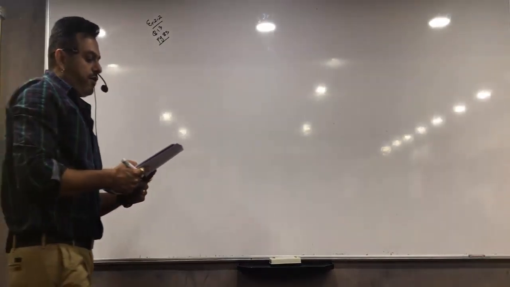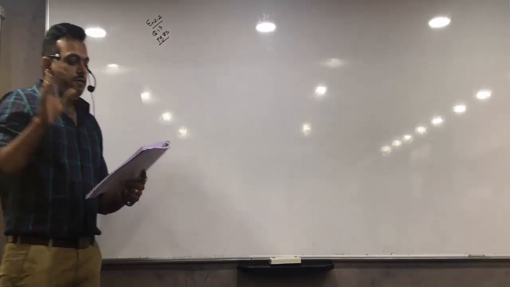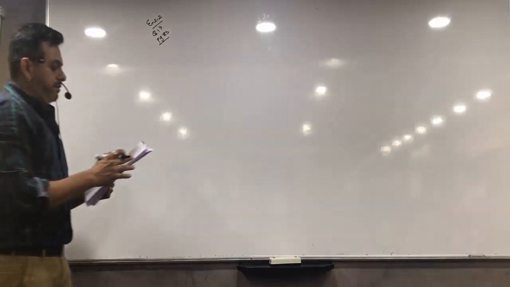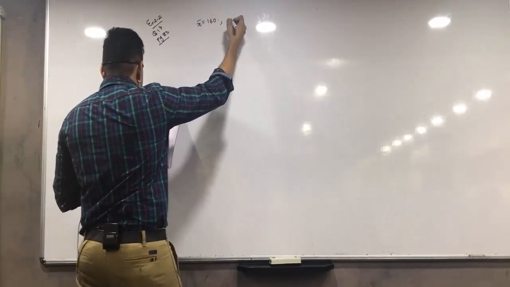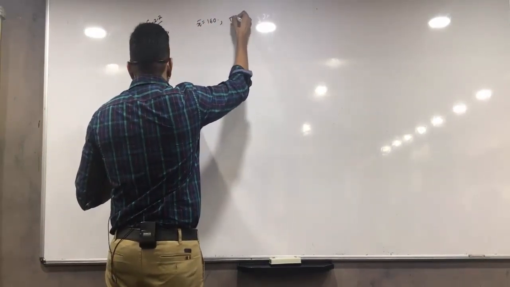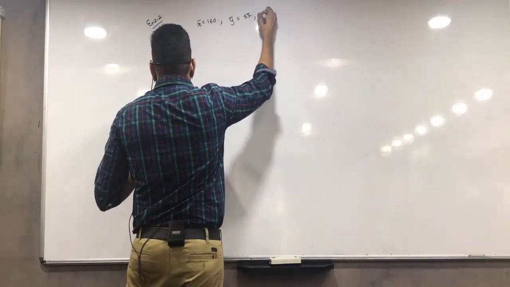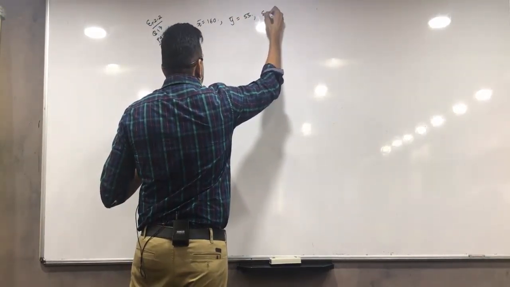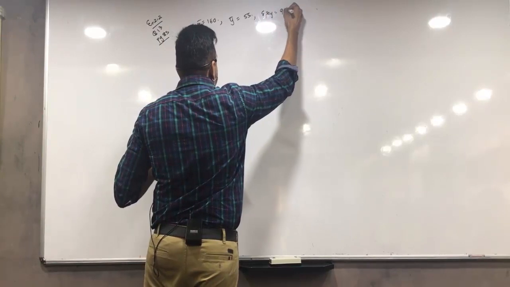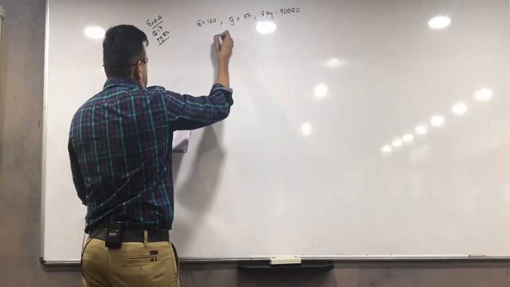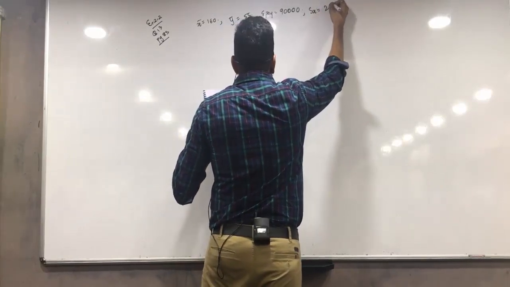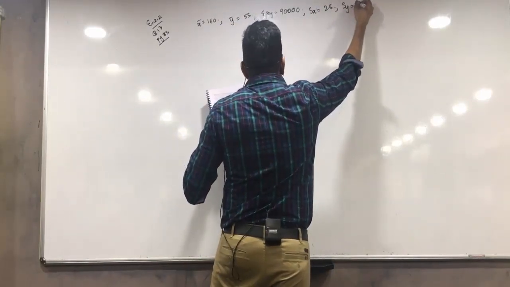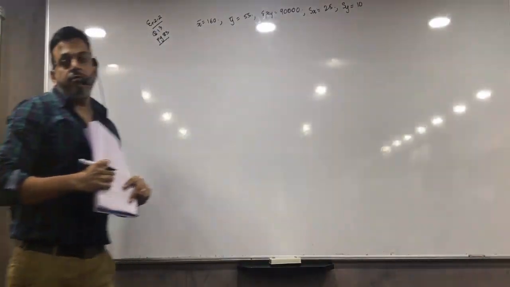Find the correlation coefficient between height and weight from it. Now, first let's write what is given. X bar is equal to 160, y bar is equal to 55, sigma xy is equal to 90,000. Standard deviation of x is equal to 25 and standard deviation of y is equal to 10.